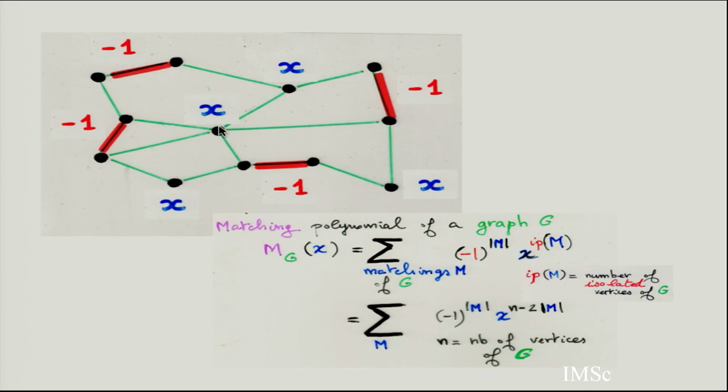Isolated point means no edge goes through this vertex, which I can also write equivalently as the sum over all matchings of -1 to the number of elements of the matching, times x to the power n minus 2 times the number of edges, if n is the number of vertices of the graph. Because this is the number of vertices which are not covered by an edge.